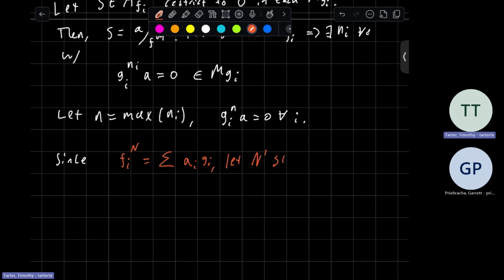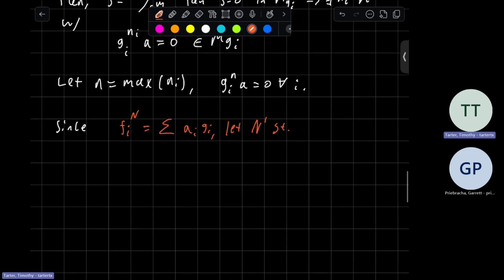Let m prime be such that f_i to the m prime is in the ideal of g_1. Nope, not f_1, g_1.